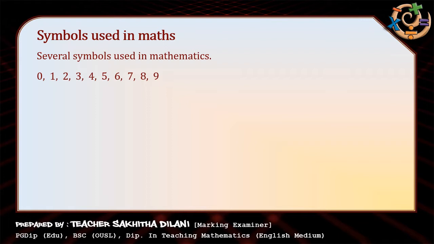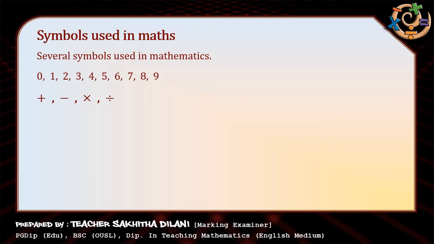Let's see a few more symbols used in mathematics. Plus, minus, multiplication, division. These are also considered mathematical symbols. These are mathematical operations. Let's see some other symbols used in mathematics.